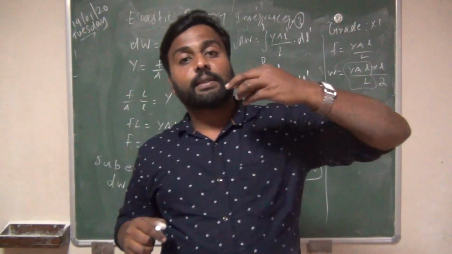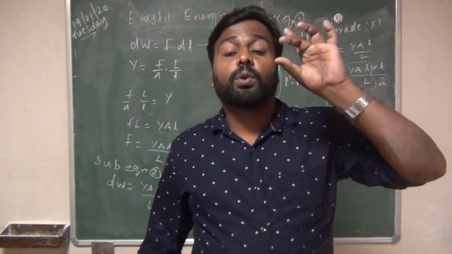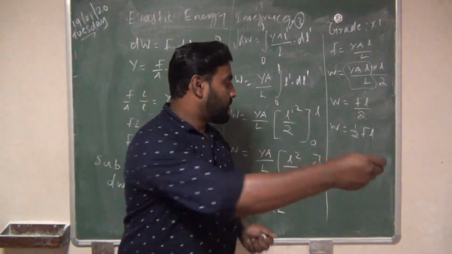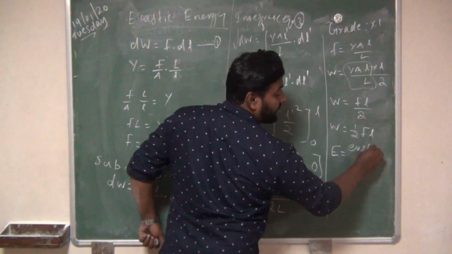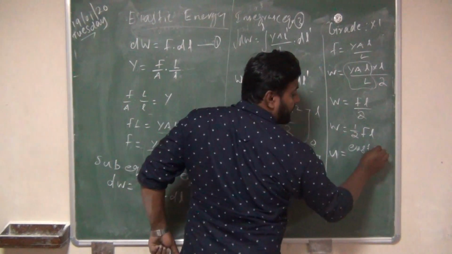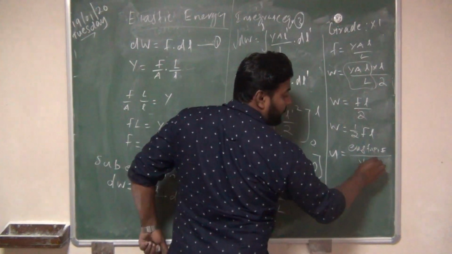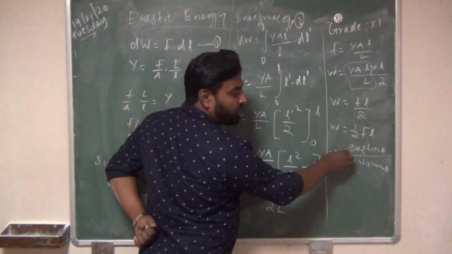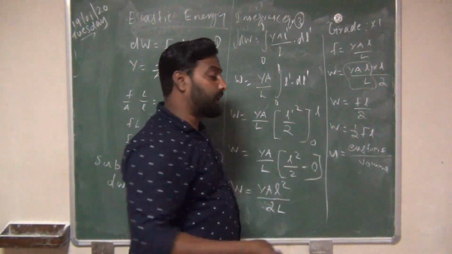So that elastic potential energy we have to find out for each volume, how much energy is stored per unit volume. So for that we use u equal to elastic potential energy divided by volume. We know that this work done is equal to, or same as, the elastic potential energy.